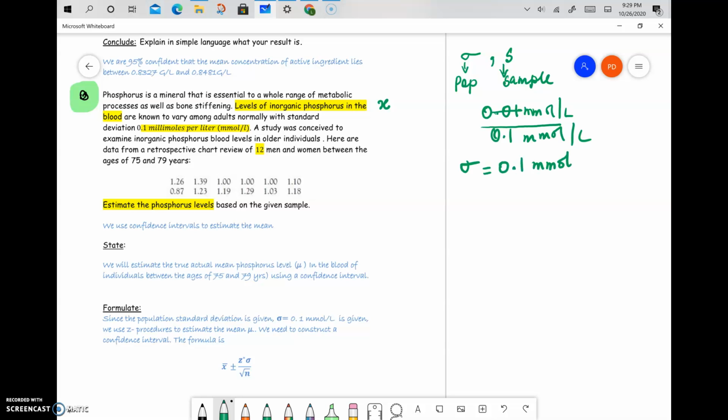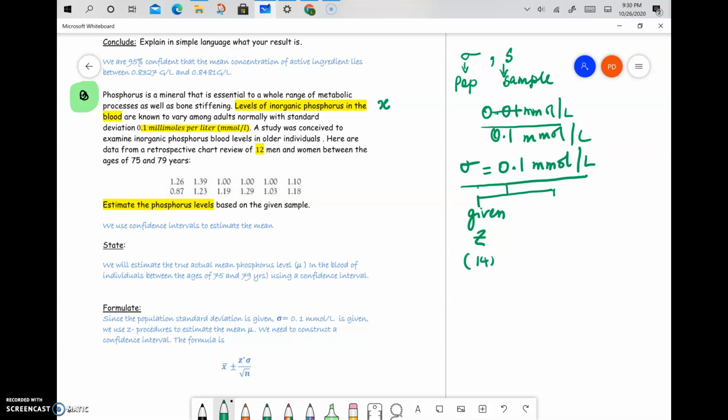Now, this is a very important number because based on whether sigma is given or not given, we use the Z or T procedures. So if sigma is given, then we use the Z procedure, which is chapter 14.